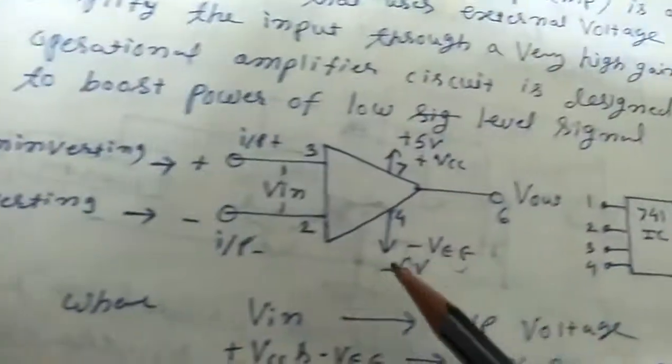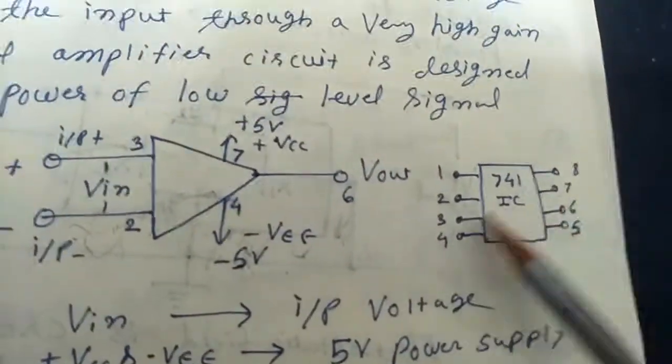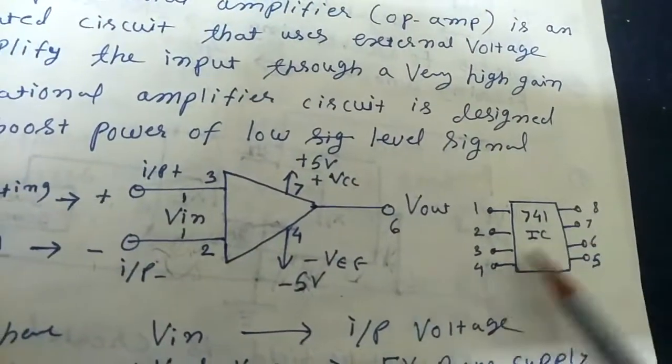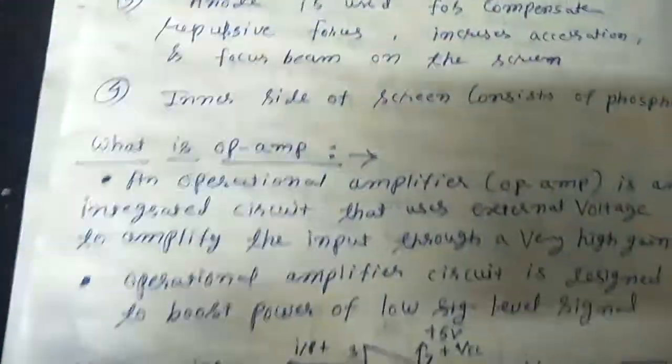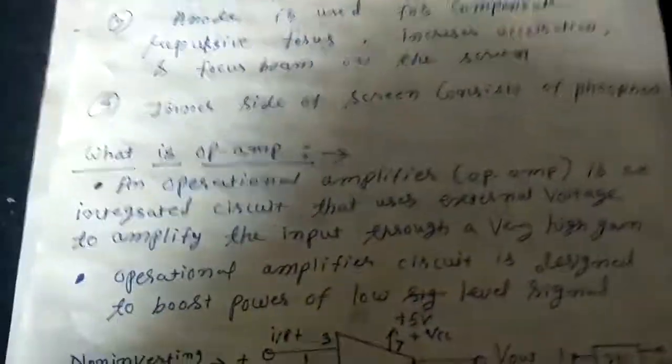Okay, and on pin numbers 7 and 4 we are applying a voltage of plus or minus 5 volt. So this is called an op-amp or operational amplifier.